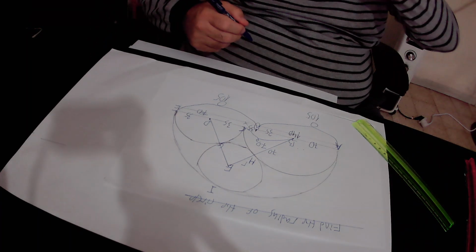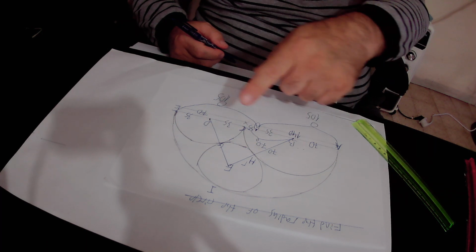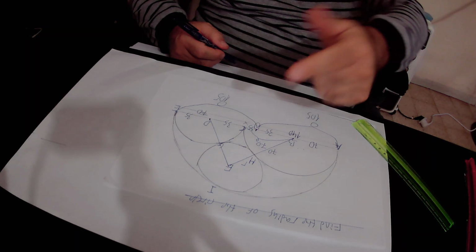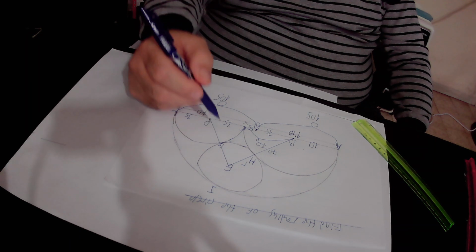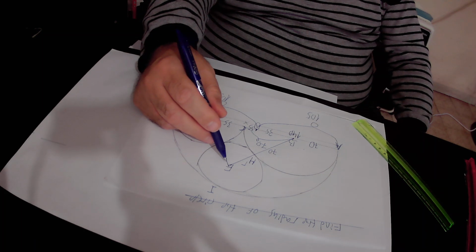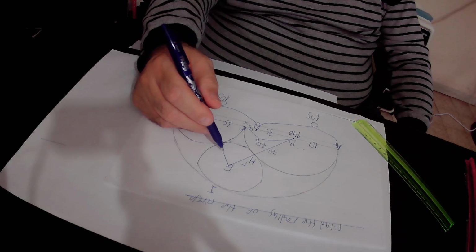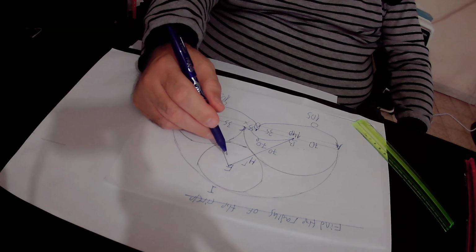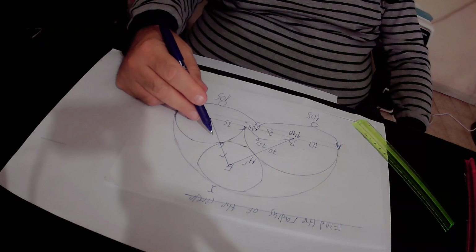And because of the fact that F, G, D is one straight line, it means that the length of FD, or the distance between their centers, equals FG plus GD. So what is FG? Point F is the center of this small circle. Point G is a point on the small circle itself. Therefore, FG is the radius of this small circle, that is equal to small r, plus GD.